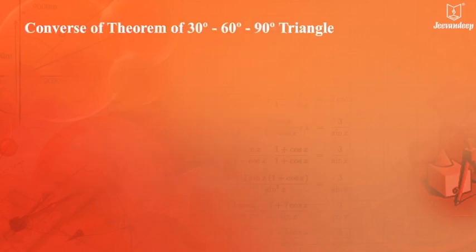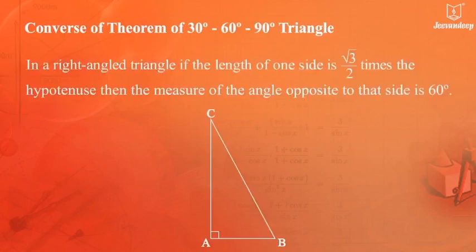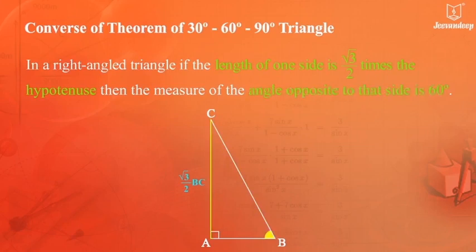Converse of theorem of 30, 60, 90 degrees triangle. In a right-angled triangle, if the length of one side is root 3 upon 2 times the hypotenuse, then the measure of the angle opposite to that side is 60 degrees.